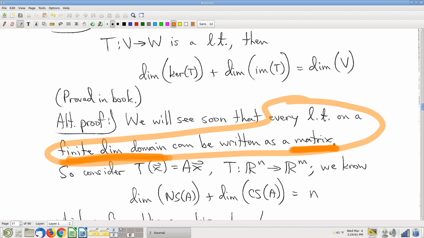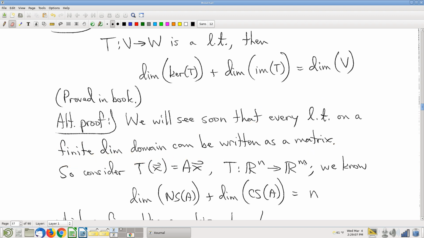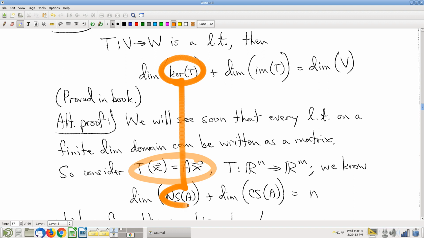So this is my asterisk, a little quickie assumption. Let me point out that for matrices, I already know that kernels are null spaces, and images are column spaces. I'm assuming, and we'll prove later, that in fact we are dealing with matrices, in effect.